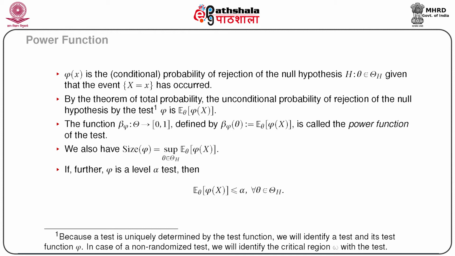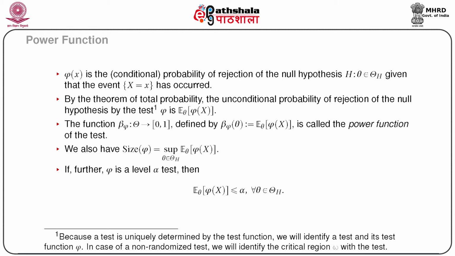Therefore, the probability of type 1 error of a randomized test is given by the expectation of phi(X) under theta, where theta belongs to script Theta_H, and the size of a randomized test phi(x) is defined as the supremum value of the expectation of phi(X) under theta when theta belongs to script Theta_H.